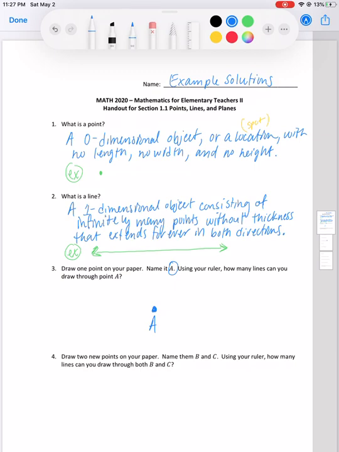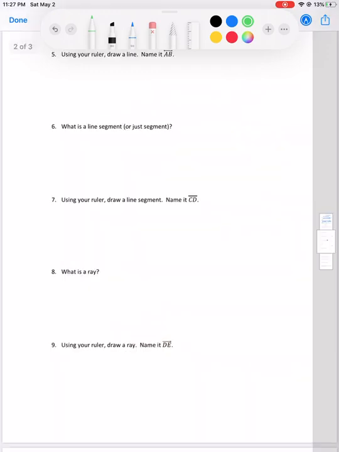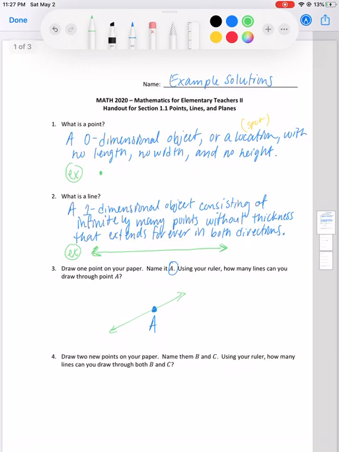And we want to use our ruler and draw in as many lines as we can through point A. So let's go ahead and start drawing in some lines here. I'm going to pretend I have a ruler since I'm drawing this freehand. You draw one that way, draw one this way, and I'm going to keep drawing them through this point.